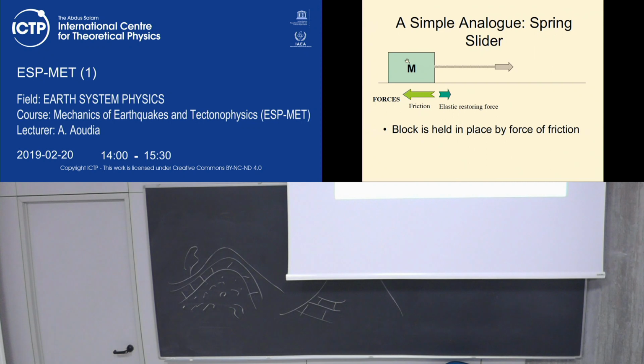We say that an earthquake is a frictional instability over a fault, and the fault is embedded within the lithosphere. And the lithosphere is strained by the plate tectonics, right? So where is the lithosphere in this analog?